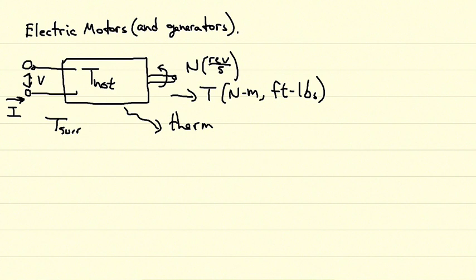So we have some thermal energy that's transferring from the system into the surroundings. And that's just a fancy way of saying that the motor is trying to keep itself cool. It's transferring thermal energy into the surroundings basically as a means to cool itself. Otherwise, it would just get very hot and melt and start to seize.